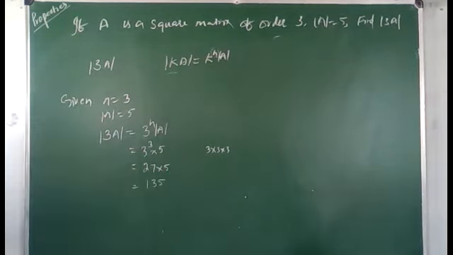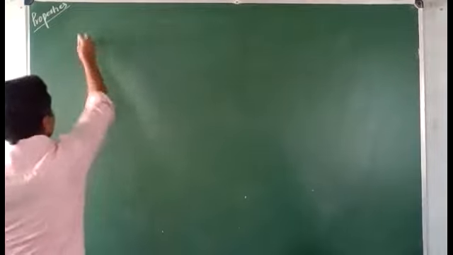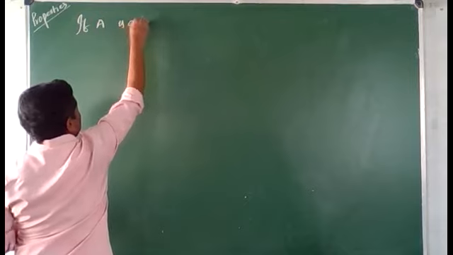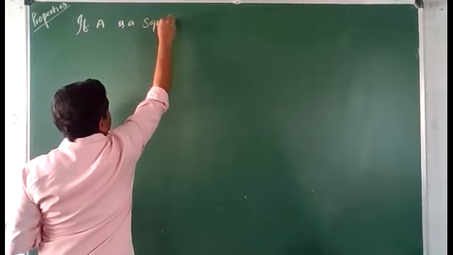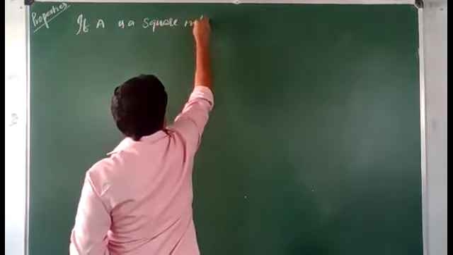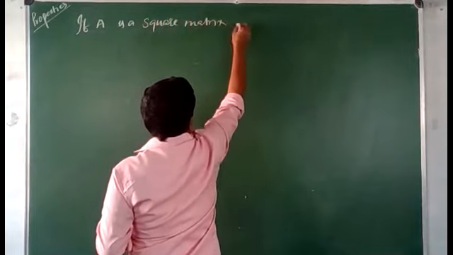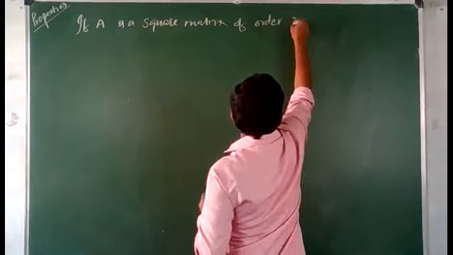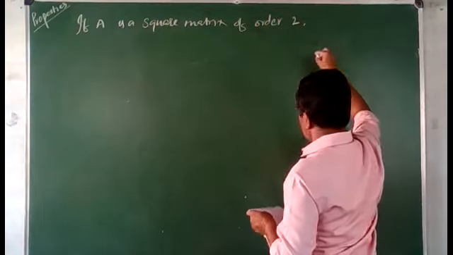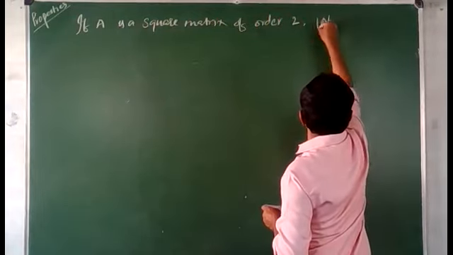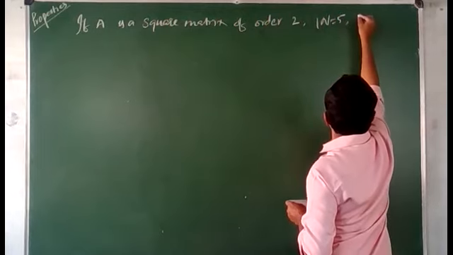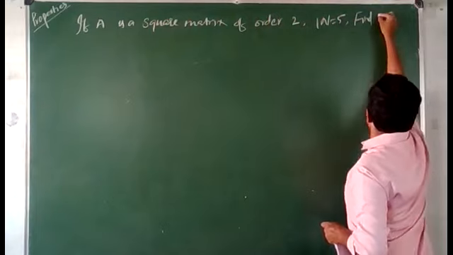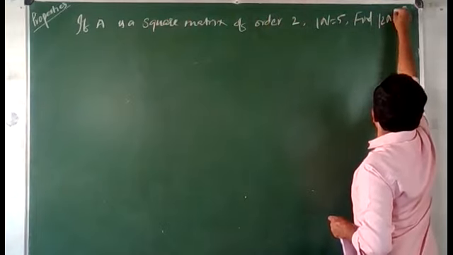135. Next question. If A is a square matrix of order 2, determinant of A is equal to 5, find the determinant of 2A.